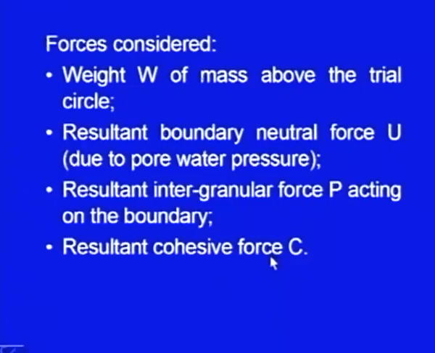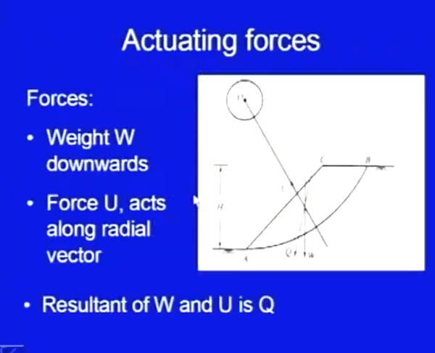So, we are treating these forces separately. Cohesion we are taking separately, and the intergranular force, friction and reaction, we will be taking combinedly. Let us discuss these forces one by one.